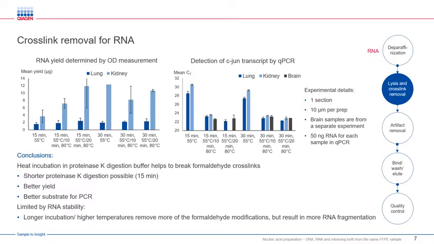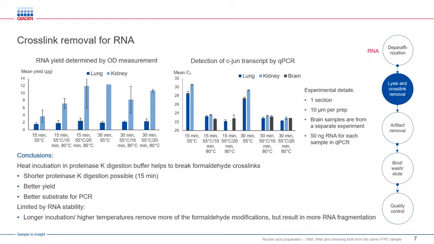First we have different times of PK treatment, 15 minutes at 55 degrees and also 30 minutes. Then for each of these two proteinase K treatment times, we also have additional heat incubation at 80 degrees for either 10 minutes or 20 minutes. And this is again in a buffer that is specifically optimized to break such crosslinks.